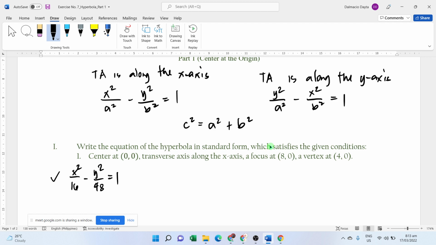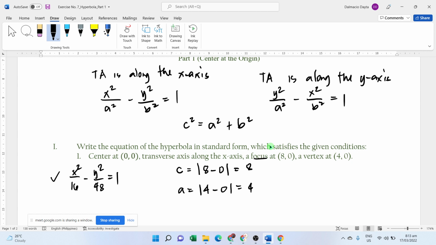If the center is at 0, 0, then c is the distance between the focus 8, 0 and 0, 0, the absolute value of 8 minus 0. Then c is equal to 8. And a is the distance between a vertex and the center. Then a is the absolute value of 4 minus 0, which is equal to 4.